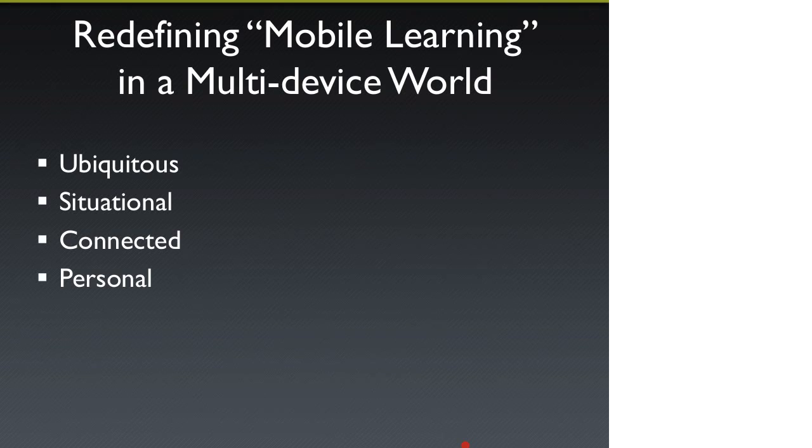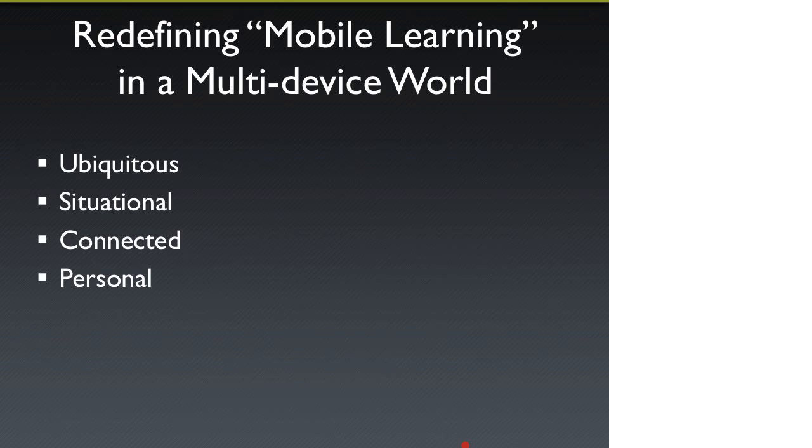So again, when I talk about mobile learning in a multi-device world, I think about ubiquitous learning, where anytime, anywhere you have access to learning materials or content that you want to learn about. It's situational. You often can access material at the time that you're trying to do something or solve a problem.